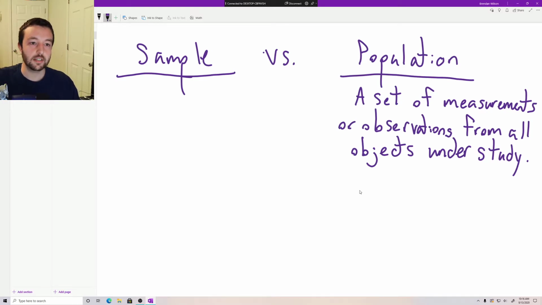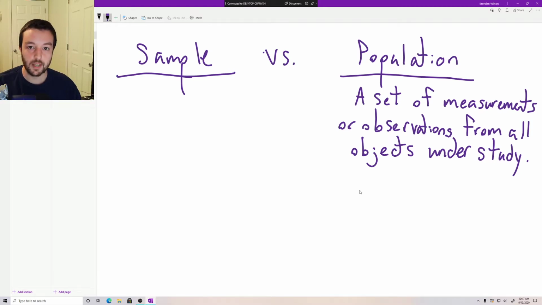So population is the entirety of what we could be studying. If we're talking about the predicted presidential candidate, for example, and we're surveying people about who they're going to vote for, the population would be the votes from every single person that can vote in the country. Okay. So it's the entirety of what we can draw on.